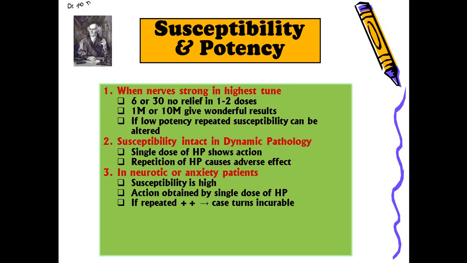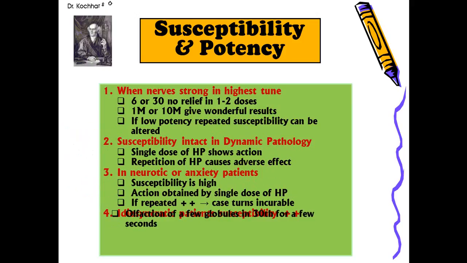It will become a mess. If you give repeated doses of high potency to a neurotic patient, it will become a mess. But simply to say high potency causes this is a half truth. You have to qualify the condition: in whom? Here it is the neurotic patient, where repetition is harmful.